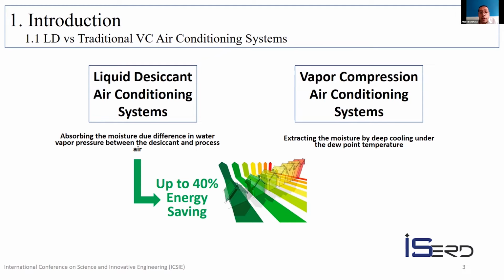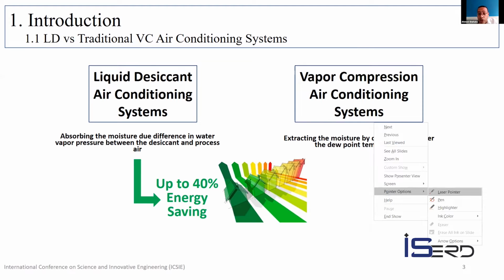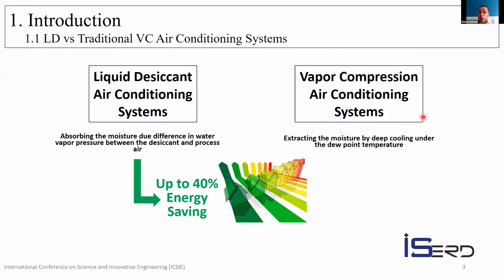Because they decouple the latent heat of absorption from the sensible heat. In this process, the vapor compression system, which is the old or traditional system, uses deep cooling under dew point temperature. This process uses the compressor of the heat pump and consumes more energy.